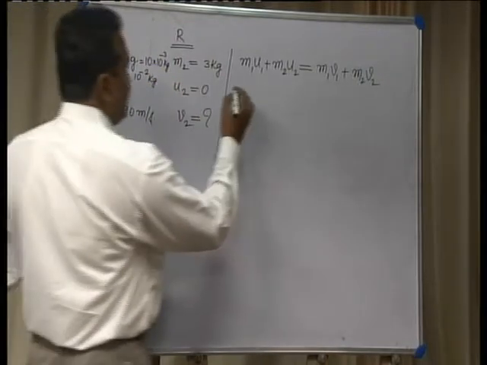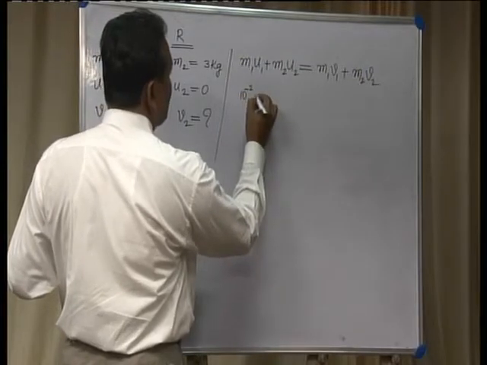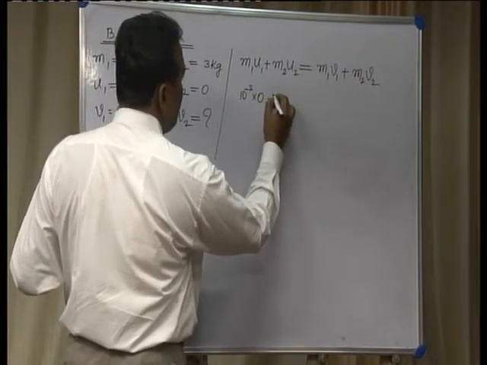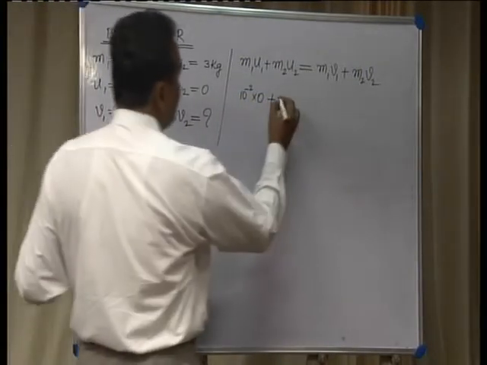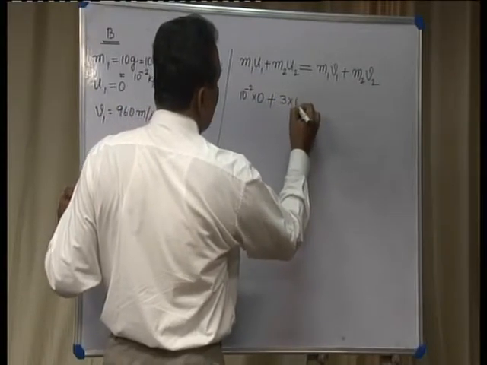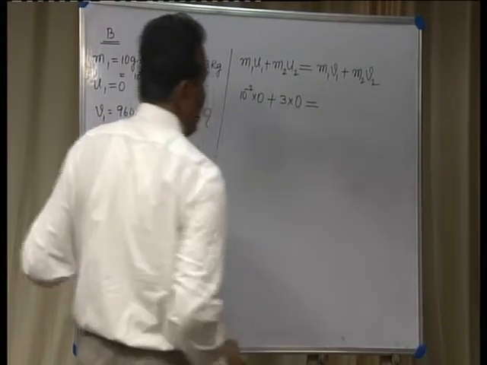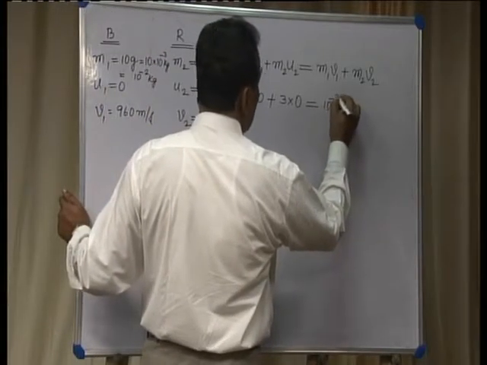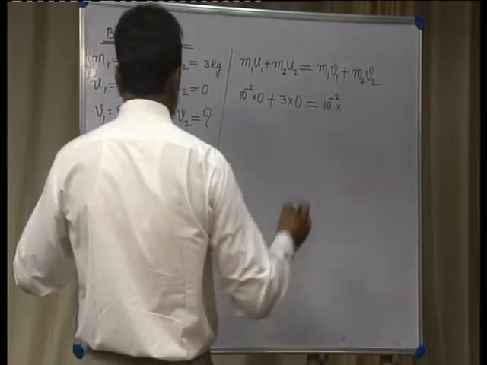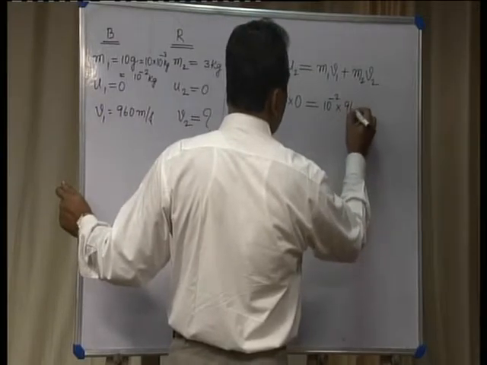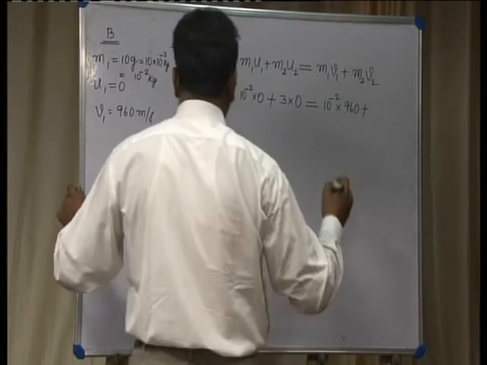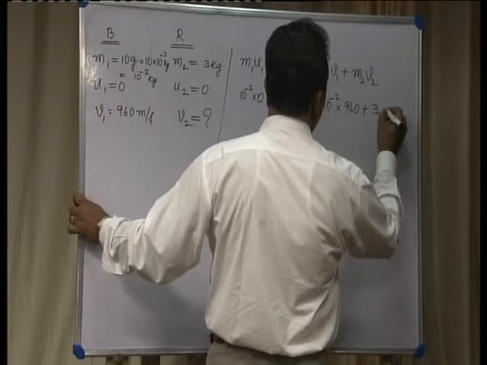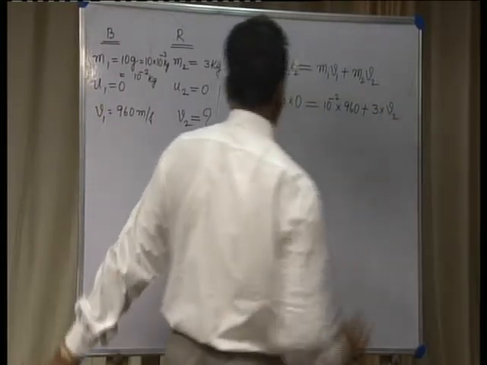On the left, m1 is 10 power minus 2, u1 is 0, plus m2 is 3 kg, u2 is also 0. On the right hand side, m1 is 10 power minus 2 kg, v1 is 960, plus m2 is 3 kg, and v2 is to be found.